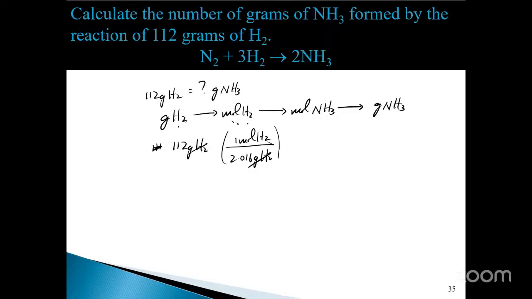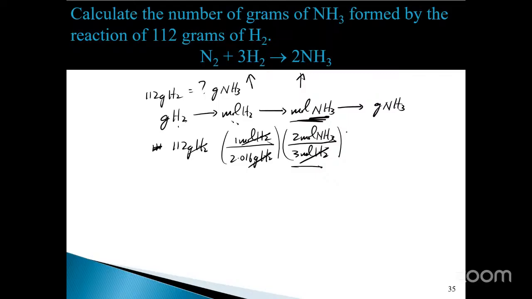The next step is where we convert from moles of hydrogen to moles of ammonia. And that's where the coefficients of those two substances in the balanced equation come in, right? So the way we represent that in this conversion factor is that we're going to have 2 moles of ammonia above as the numerator and 3 moles of hydrogen below as the denominator. So this will go with that, all right? So that's how we get to the moles of ammonia at this stage right here.